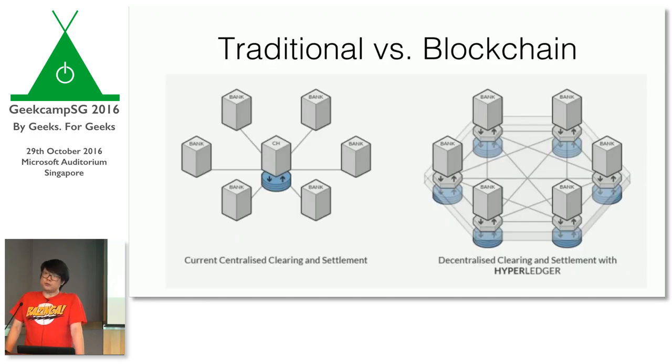For those who don't know what blockchain is, in a very simple sense, a blockchain is a distributed database. As simple as that, right? But it is a distributed database with elements of smart contracts, with elements of authorization, authentication, membership services, and things like that, that you would not find in a distributed database.